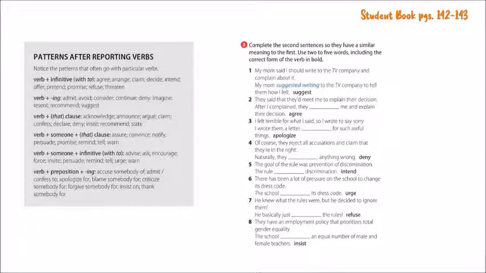Okay, now what about verb plus the verb in ing? We have admit, avoid, consider, continue, deny, imagine, resent, recommend, and suggest. Okay, admit eating in the restaurant. I avoid buying unnecessary things.